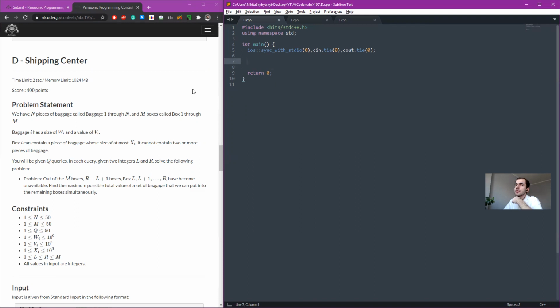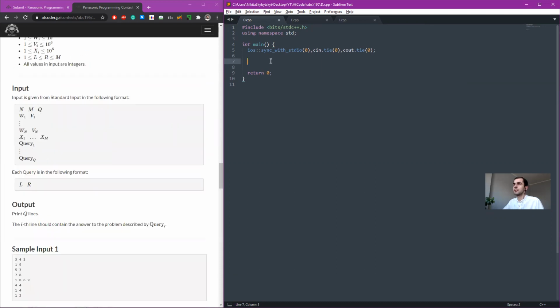We cannot have too much weight. We want to put maximum value. I don't even know how to solve a similar problem. I'm not really good at combinatorial optimization, so I guess we'll have to think about this one for a little bit longer.